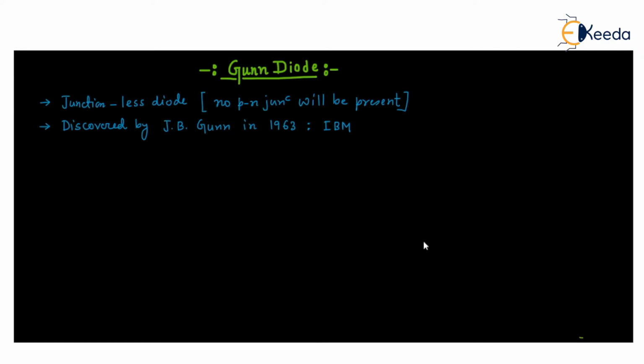So, the operational principle on which this diode operates: you can write that it operates on the principle of the Gunn effect. We will discuss briefly about this Gunn effect.